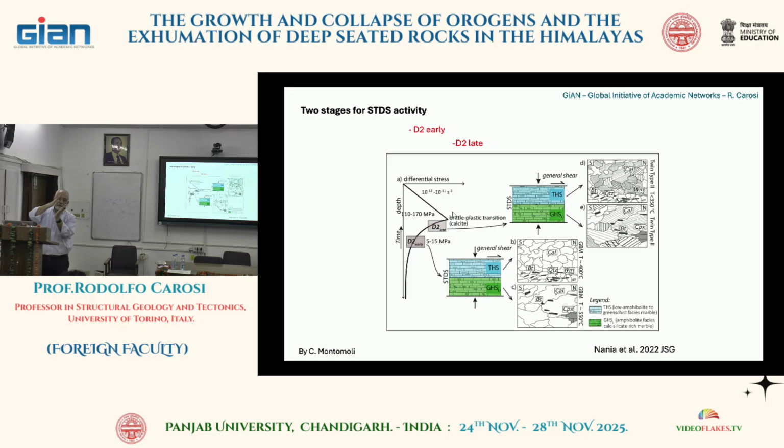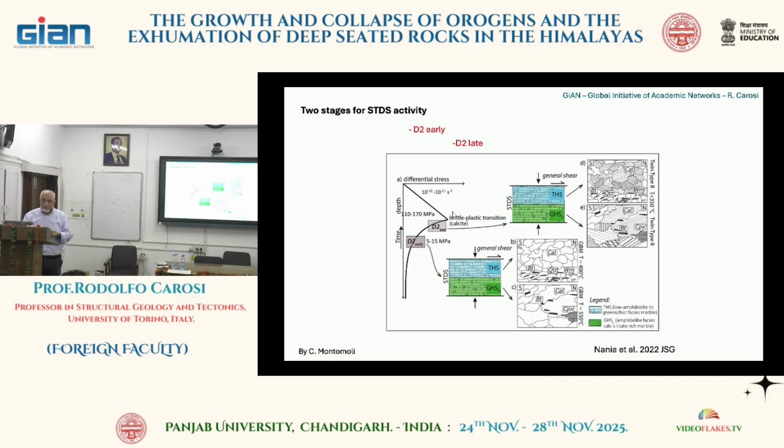So the footwall of the rocks, the deformed rocks, moved upward toward the upper structural level, decreasing temperature and decreasing pressure. So from very nice ductile condition, they move in this part into the brittle-plastic transition where they need much more stress to deform. There is a strain hardening.